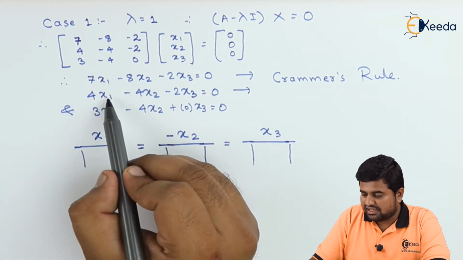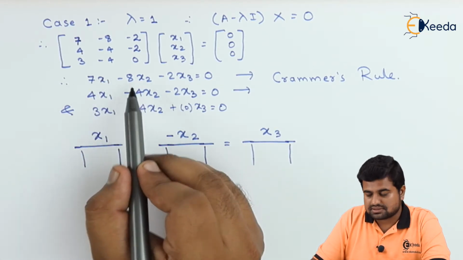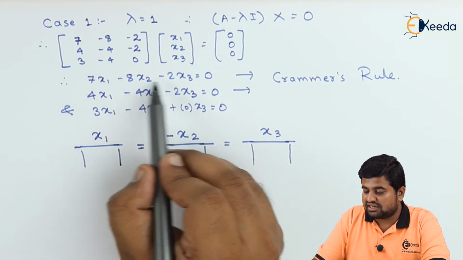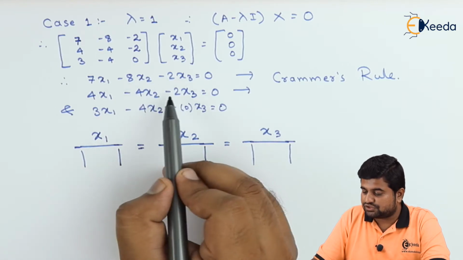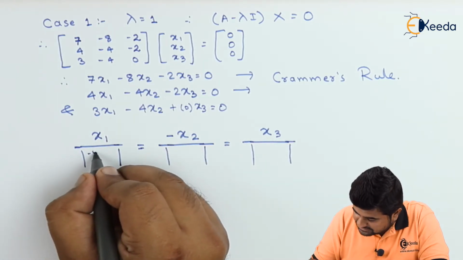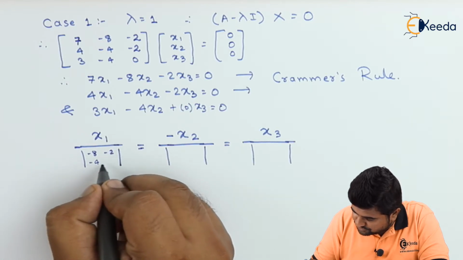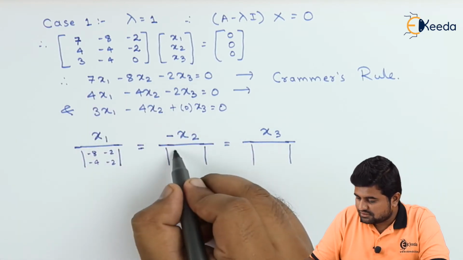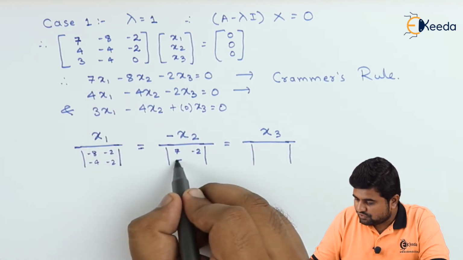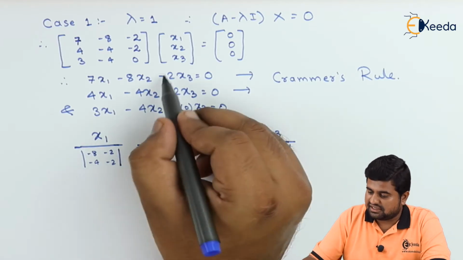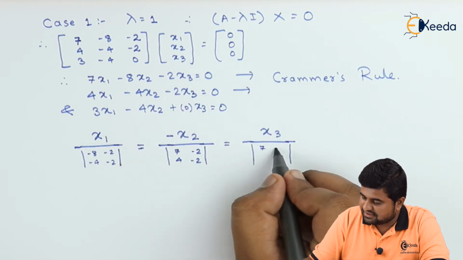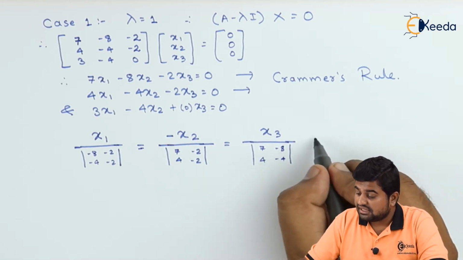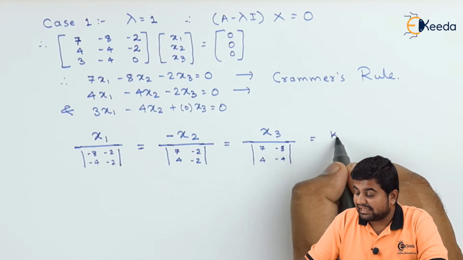Now for x1, if you observe the first two equations, you hide the x1 part, and you are left with minus 8, minus 2, minus 4, minus 2. And for x2, you hide this part, you are left with 7, minus 2, 4, minus 2. And for x3, you hide this part, you will have 7, minus 8, 4 and minus 4, is equal to, let's say, k.